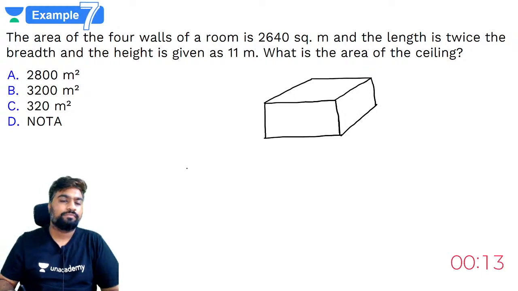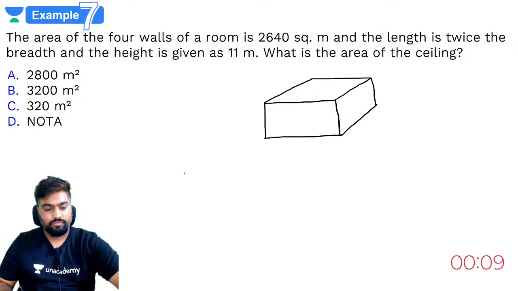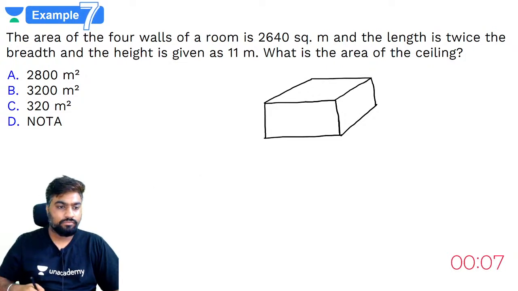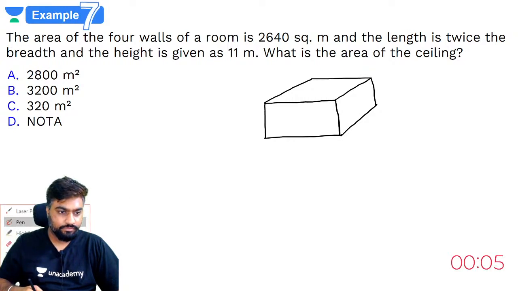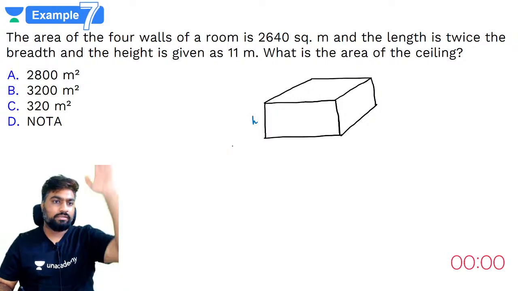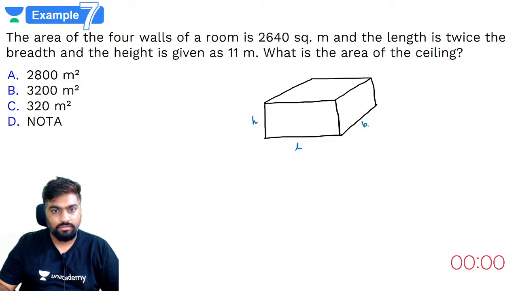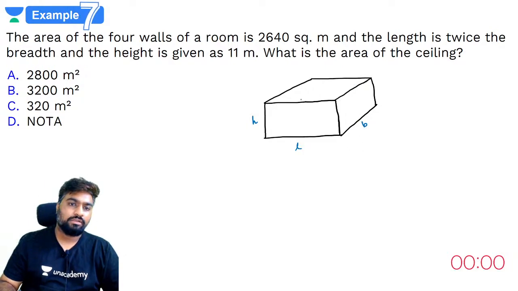This is the room. Okay, this here is the room. यहाँ पे this is your height, 11 meters. If you consider this as your length and this is your breadth, got it?